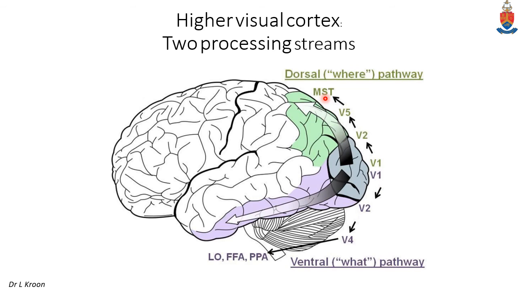These are the so-called dorsal or where pathway. Some visual information goes inferiorly into the ventral or what pathway through V2, V4, and then the subsequent face and object recognition areas. Those are represented by the LO, FFA, as well as PPA. But for more information on this, please look at the higher mental functioning lecture that I had on day 1.